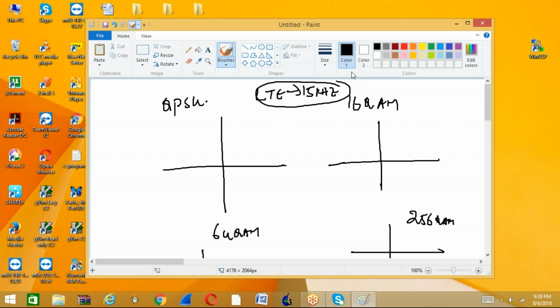So for one phase shift there is some bandwidth, and in that particular given bandwidth I can have two dots. These two dots represent one symbol. So for every phase shift, I have two dots.